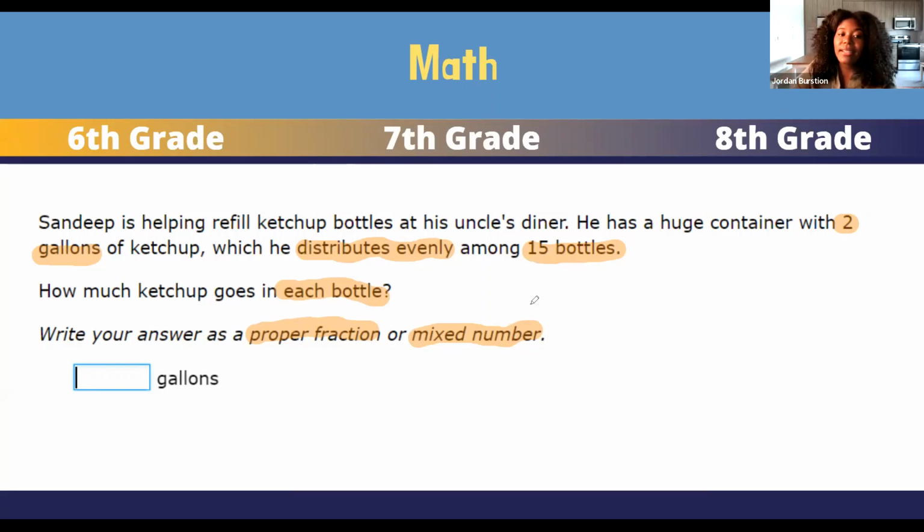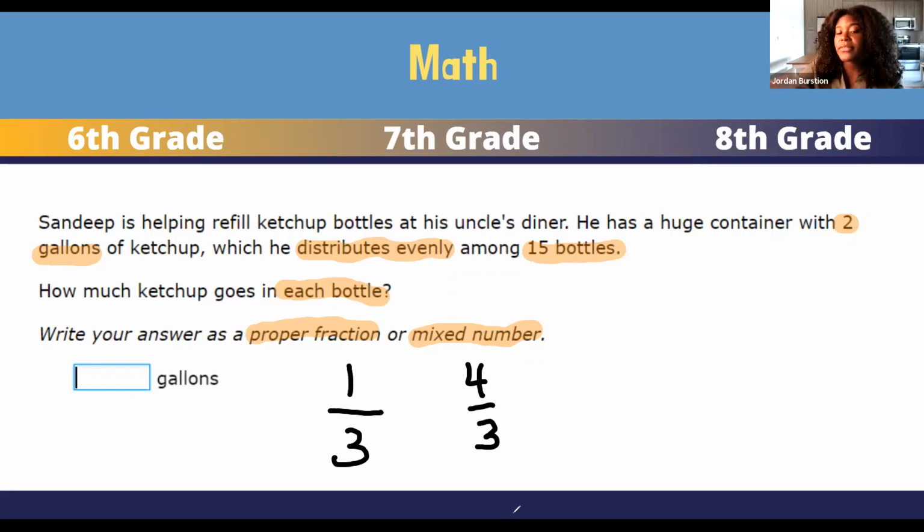They asked us to write our answer in proper fraction or mixed number. So I'll give you an example of what a proper fraction looks like. 1/3, the fraction we were using in our last problem, is a proper fraction. Our numerator, the number on top, 1, is smaller than our denominator, the number on the bottom. 4/3 is a fraction, but it's not proper.